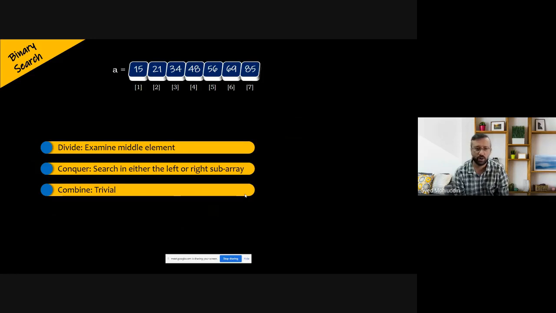The conquer phase is to search, that is, search either the left or the right half of the array. And combining is trivial because if it's found, we return the mid index. If it's not found, we just say not found. That's all. We don't add up the result with some other result or merge somewhere. So the combine part is trivial.